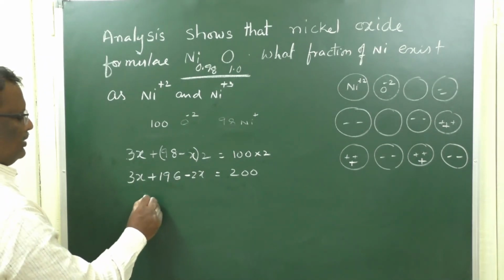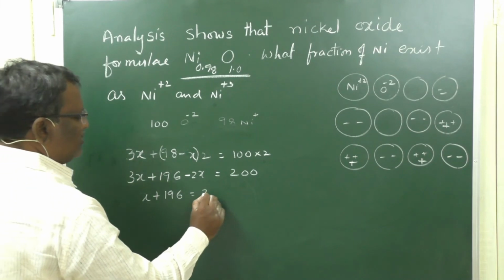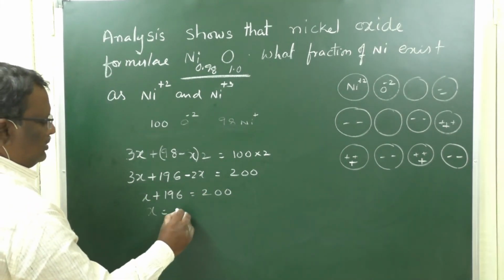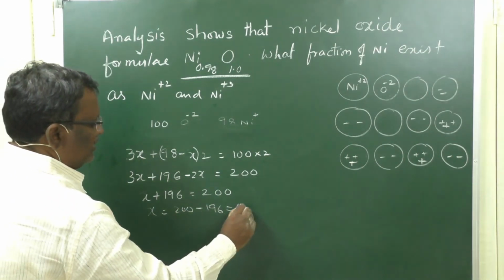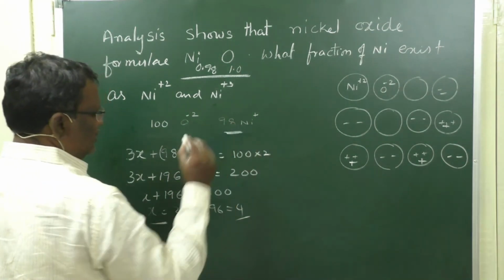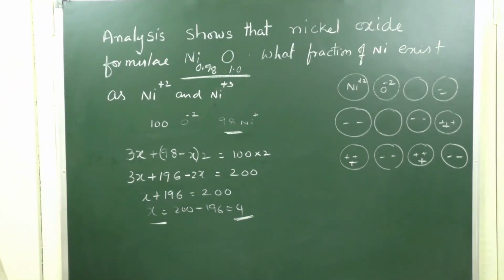That means x plus 196 is equal to 200, so x is equal to 200 minus 196, that is 4. That means out of 98, 4 nickel dipositive ions are converted into tripositive ions.